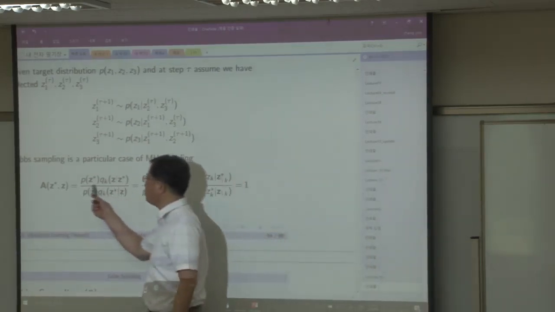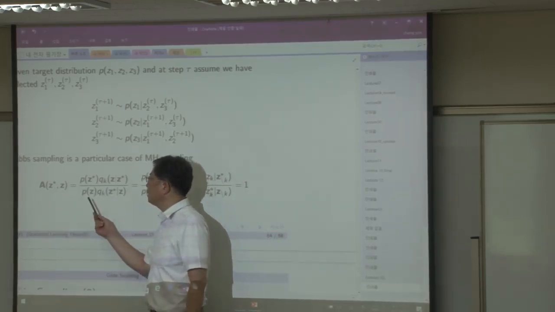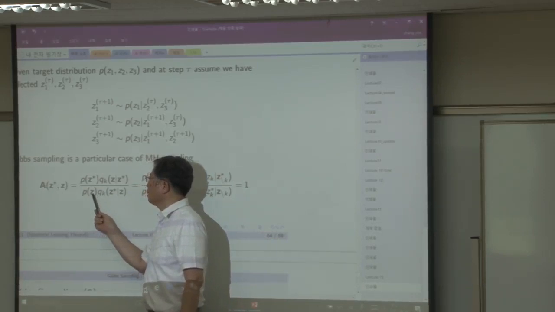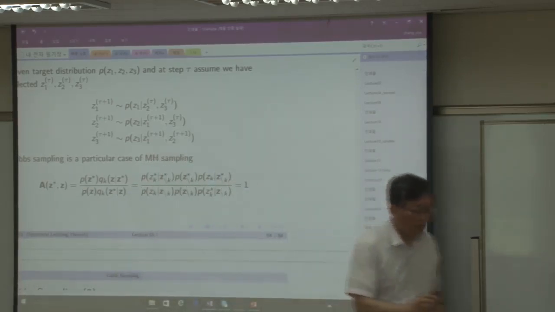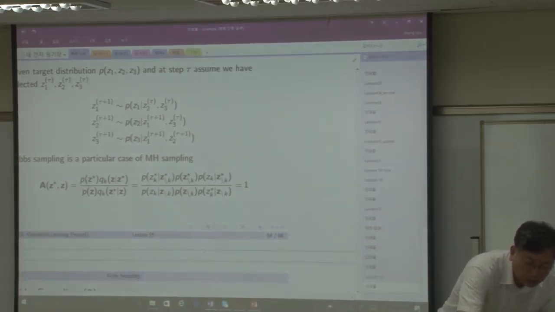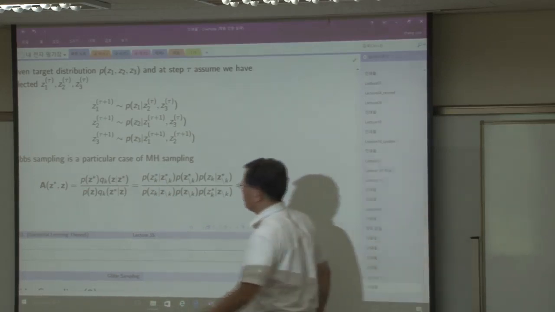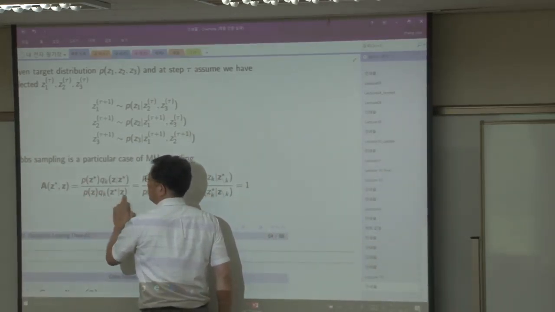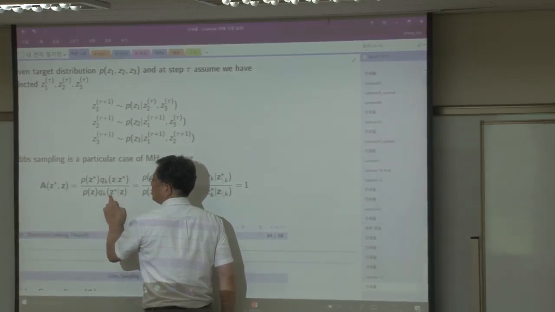And we look at this ratio. So here it is going from Z to Z star. You start with P(Z). I could put P tilde here, but let's put the normalizing factor there and put P. So start with P(Z), condition on that to get Z star.